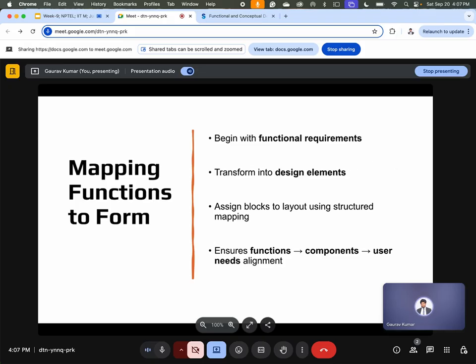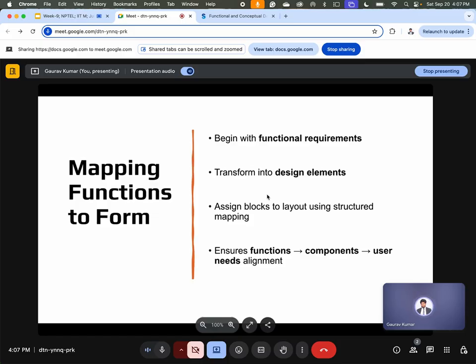Once the functions are established, they are transformed into specific design elements. This process of mapping systematically allocates each function to a physical component or subsystem, which ensures that every requirement has a tangible implementation within the product.